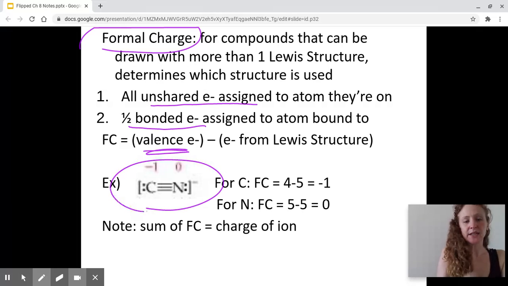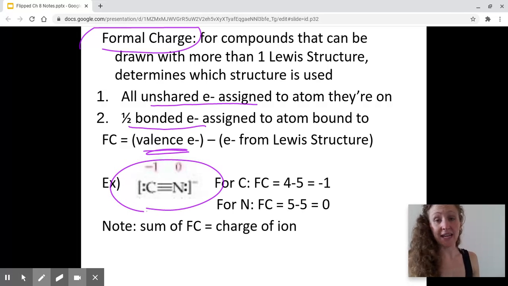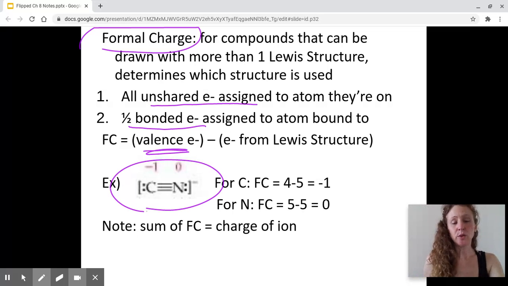So if we take this Lewis structure for the cyanide ion, we can calculate a formal charge for carbon and for nitrogen. If we do that for all the atoms in each of the molecules, whichever molecule comes out with less formal charge is the better model. That's the one that's going to predict how the compound actually exists.